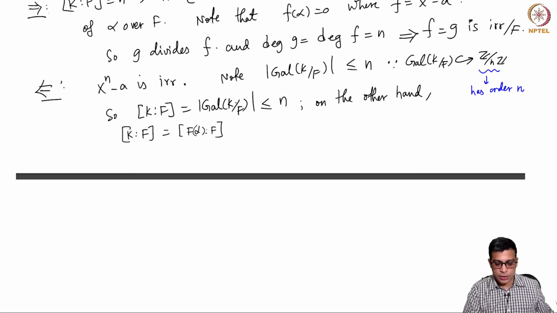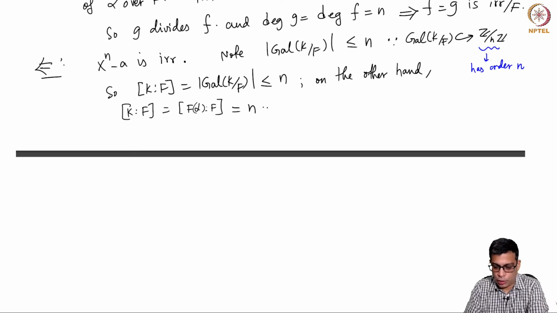It is irreducible. So, this is equal to, it is actually equal to n. So, I did not need to do all this, because what is the irreducible polynomial?